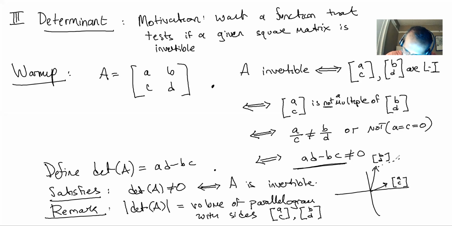If I were to draw the parallelogram given by the vectors that are the columns of this, so this, oops, this region here, then that would be the absolute value of the determinant.